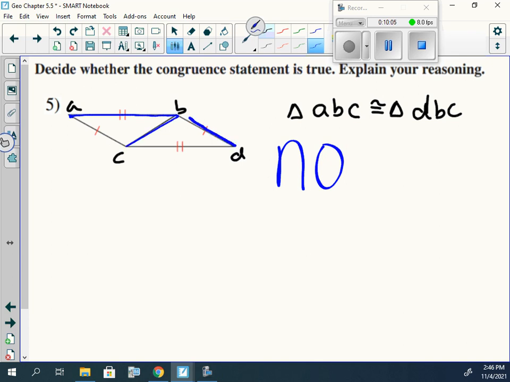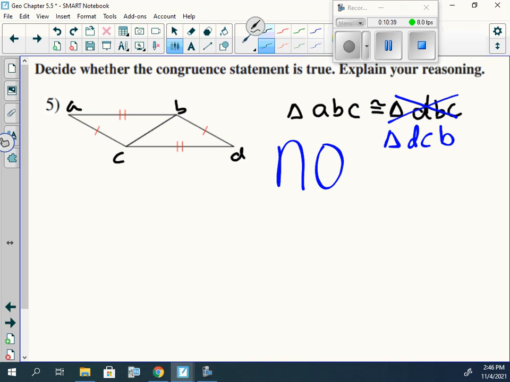So DB, is it drawing out the same triangle? Oh, no. So can we say that this congruency statement is true? No. Now, are these two triangles congruent? Yes, they are congruent by side, side, side. But it shouldn't say triangle DBC.